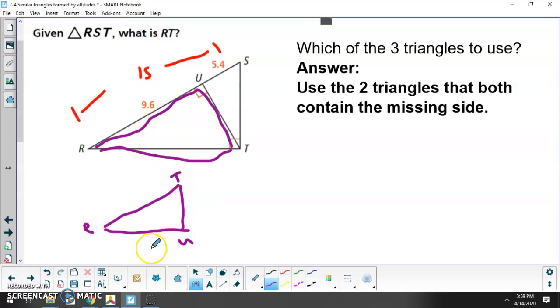And there you go. So we know UR is 9.6. Okay, we're looking for RT, which is the base of this triangle. So we could call that X. That's X. And do we know the hypotenuse, which is RT?